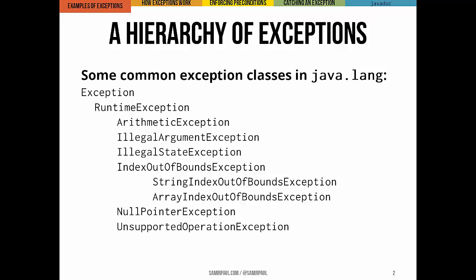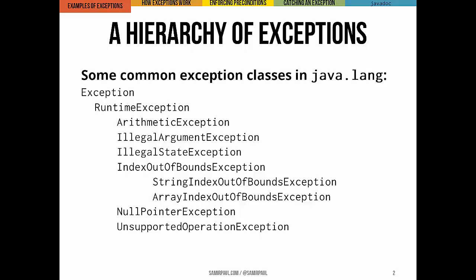at an object. You probably get an array index out of bounds exception whenever the integer in an array subscript, like whenever the element you're trying to index into, is less than 0 or is greater than or equal to the array's length. And there's a bunch of other ones too.